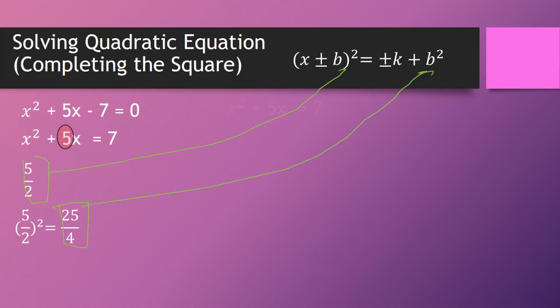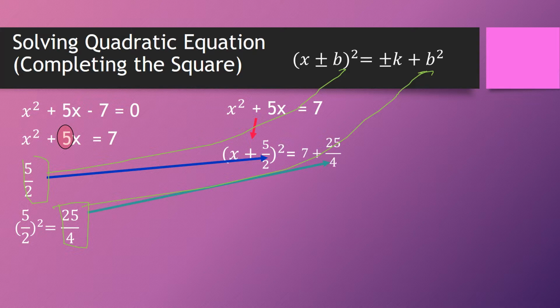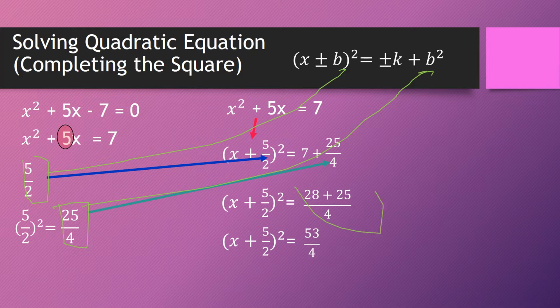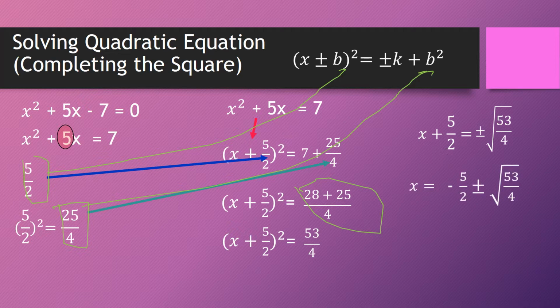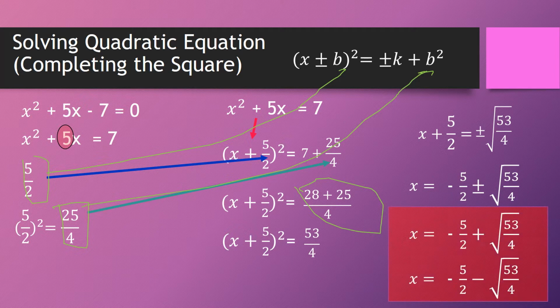Okay? And now, this is 5. Okay, 5 over 2. This is this one. You do the operation here. You find a square. You add this expression, and a square root, and move 5 to the other side, and we have 2 solutions.